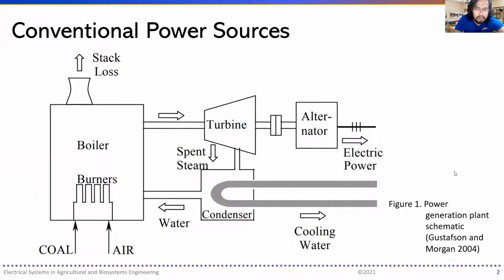We're going to talk about the overall process of this power generation. We have here a schematic, or a diagram, for most power generation plants involving the conventional sources of energy, such as petroleum, natural gas, oil, coal, and even geothermal.